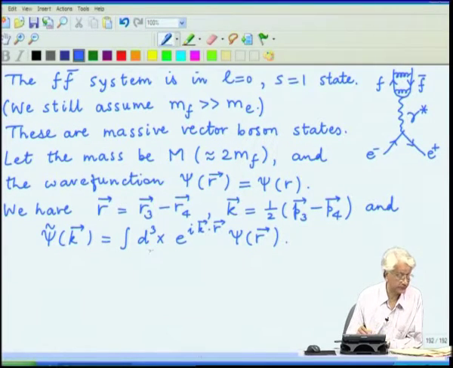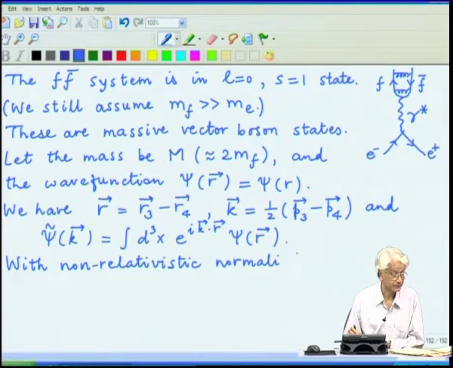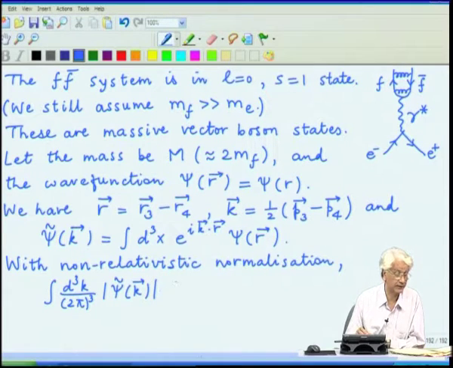What we also need to calculate explicit numbers is a particular convention for normalization, and here we will choose the non-relativistic normalization convention for this wave function, which is the mod psi square integrated over the whole space gives 1.